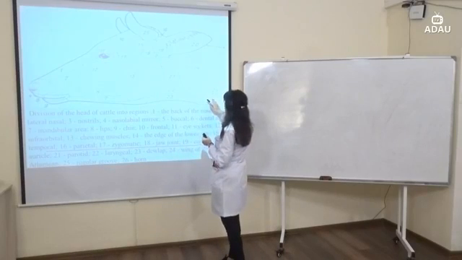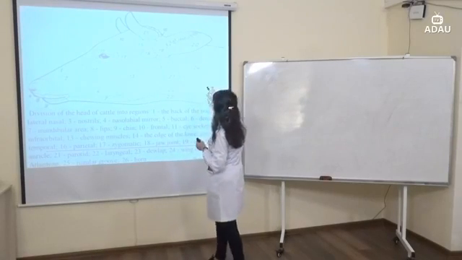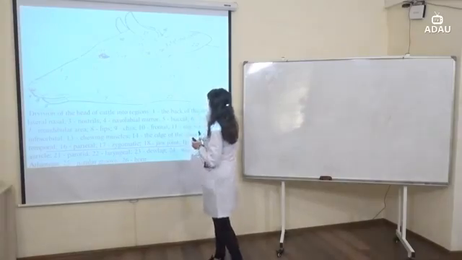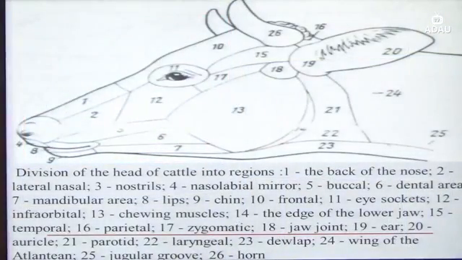This is the jugular groove and atlas, and these are important places, the edge of the lower jaw, which is located here, and the temporal area here. And the eye is located here, and the upper eyelid. We know this structure; we operate on it during head operations.